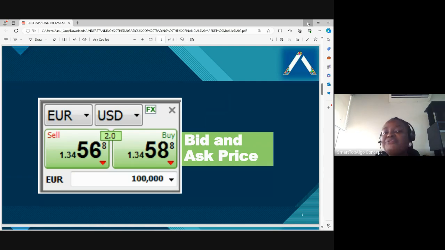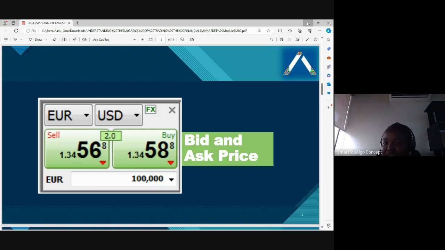If it is a 4-digit quoted platform, the pip is always the last digit. But if it is a 5-digit quoted platform, the pip is always the second to the last digit.